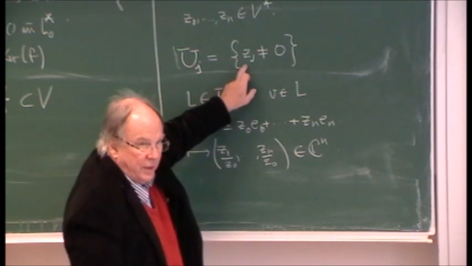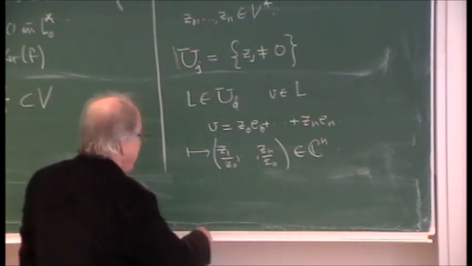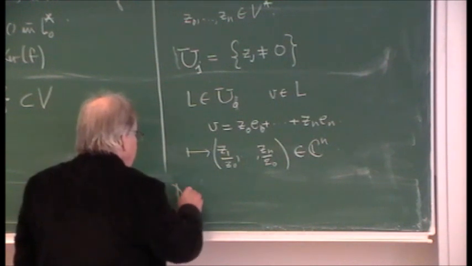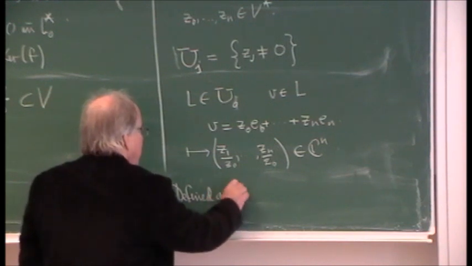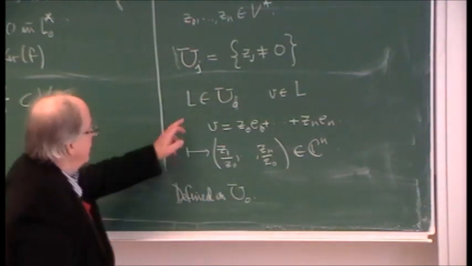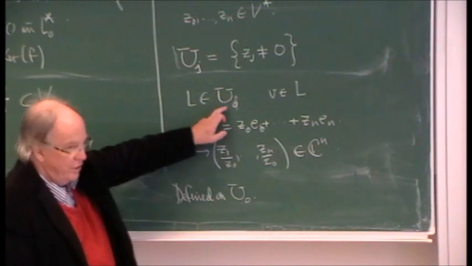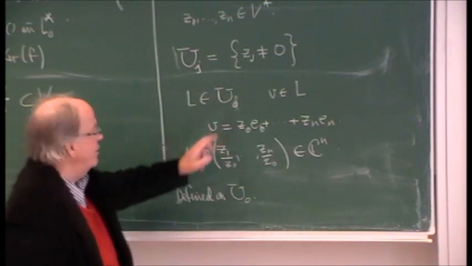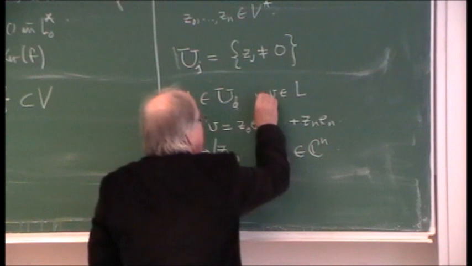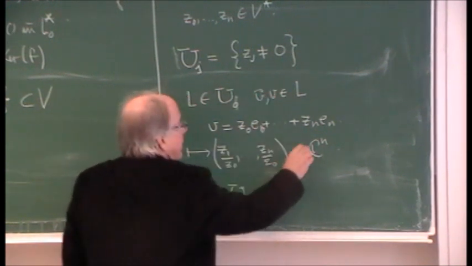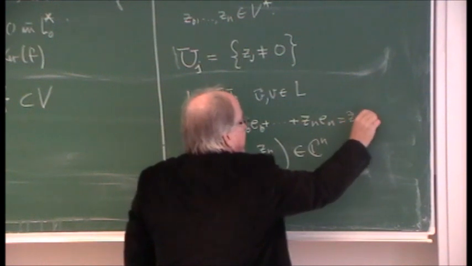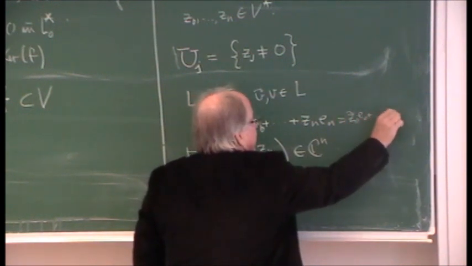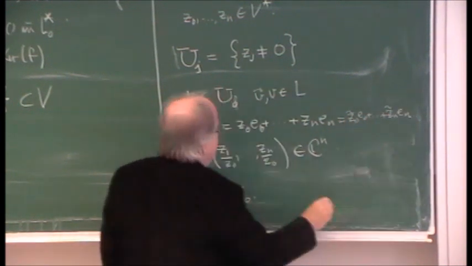But the key thing is this is defined on U0 because it doesn't matter which element I took here. If I take another one, say another one v tilde here, then I would have z0 tilde e0 through zn tilde en.